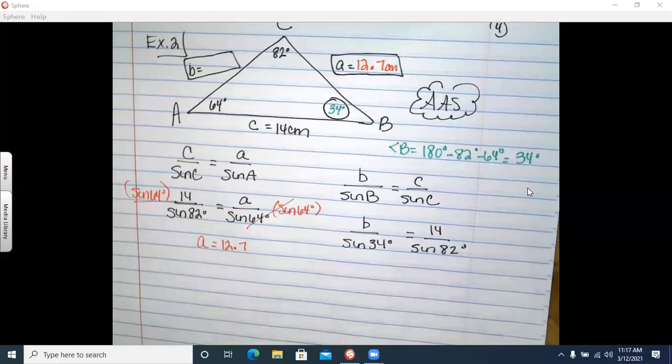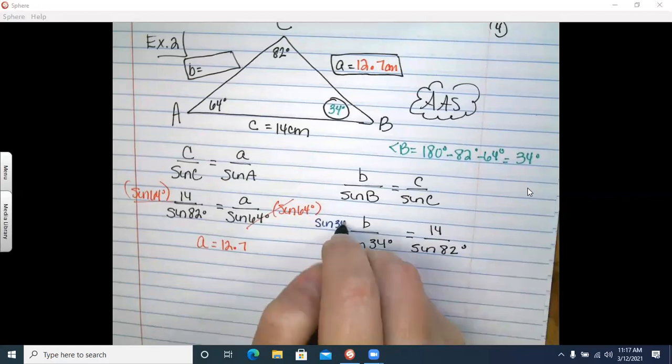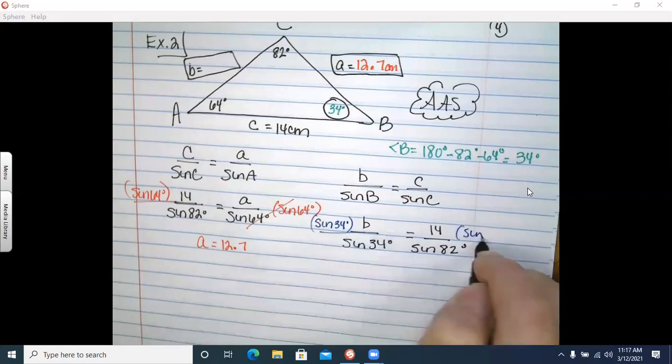So we want to solve for B. So what are we going to do? Multiply by the sine of 34 degrees. Good. So y'all do that in your calculator.